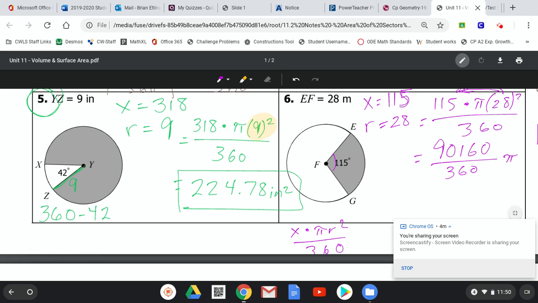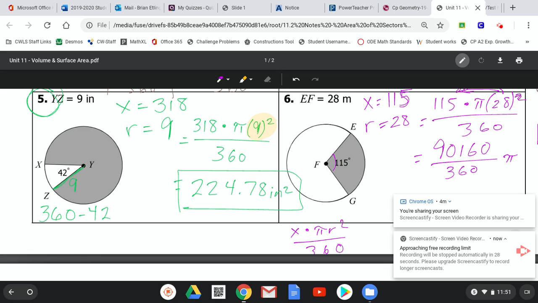I hope we're all clear with that. Plug 28 times 28 times 115 into your calculator and you're going to get 90,160. Now all we have to do is simplify that fraction, 90,160 divided by 360. It looks like a big complicated number. The ones on MathXL aren't that crazy complicated, okay?